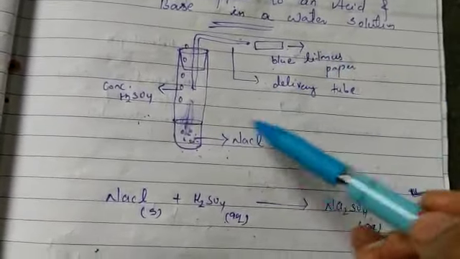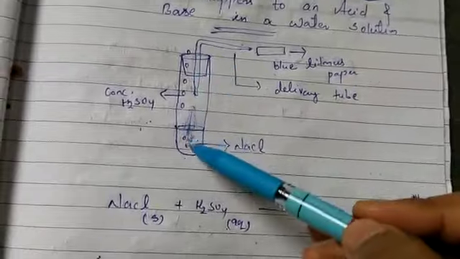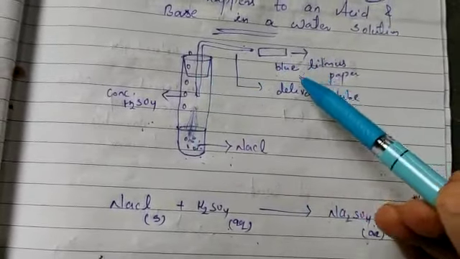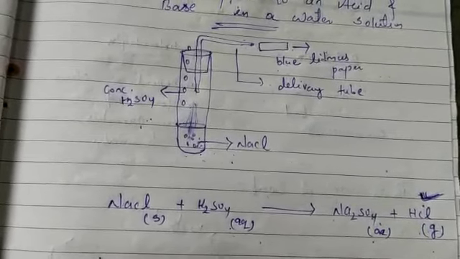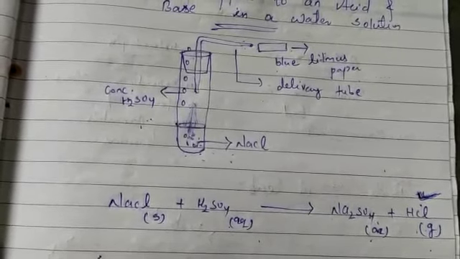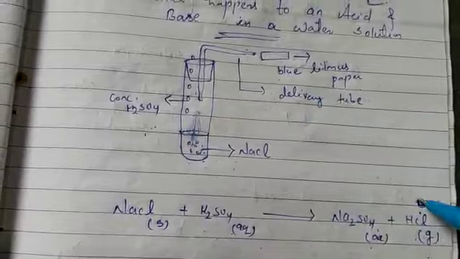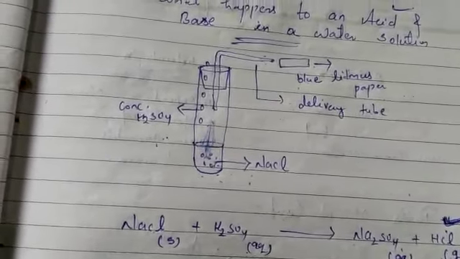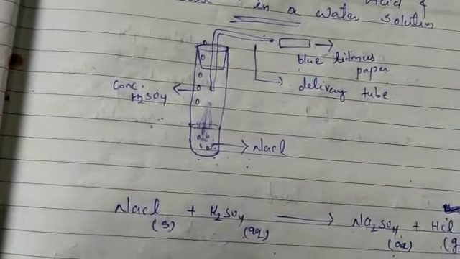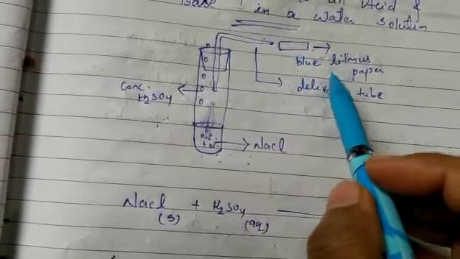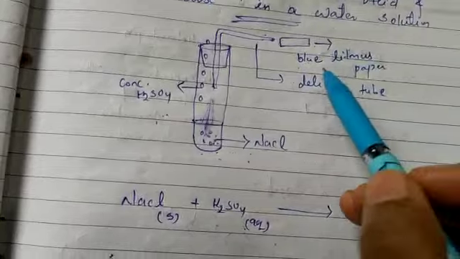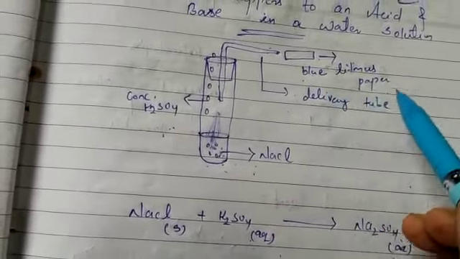It is just because it is in the gaseous form. To show the acidic property, an acid has to break down into H plus ion and Cl minus ion, giving hydrogen ion. In the gaseous form it is not able to give the hydrogen ion. That is why the blue litmus paper is not changing to red.